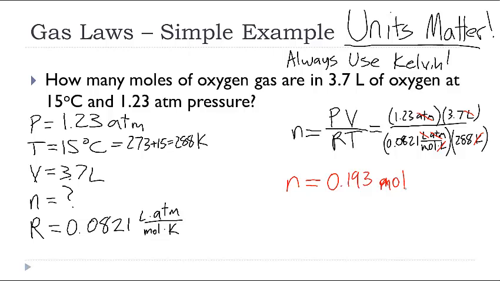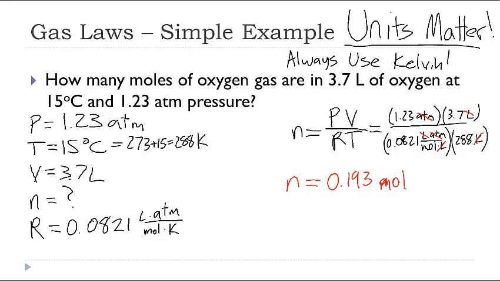So the question is, will different elements have different relationship between number of moles and the pressure involved? And the answer is no. The answer is any ideal gas, no matter what the particles are, has the same relationship. So different elements do not have anything different for this formula. If this question had said how many moles of nitrogen gas, the answer would be the same.